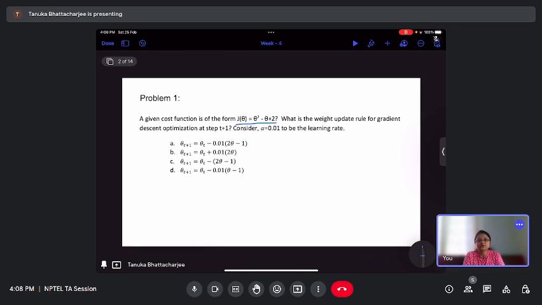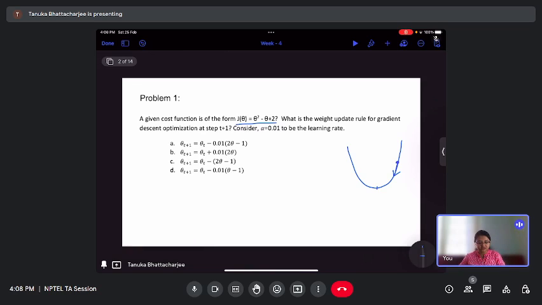So as we know, in gradient descent optimization, what is the idea? The idea is you have a cost function, you proceed towards the negative of the gradient. Let us say this is some loss function profile and you are at some point, you want to go to the minima, you should proceed in this direction, that is the idea.